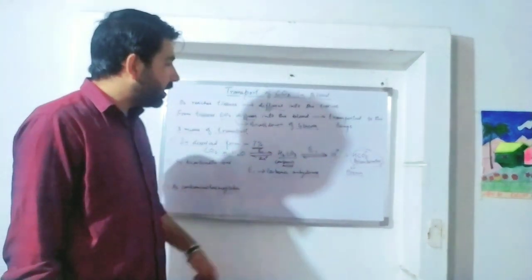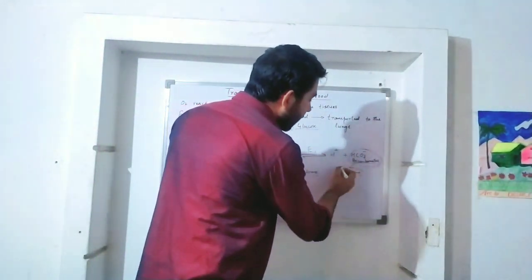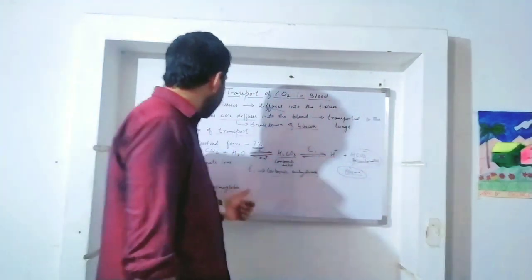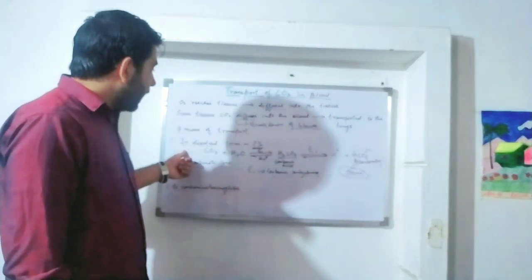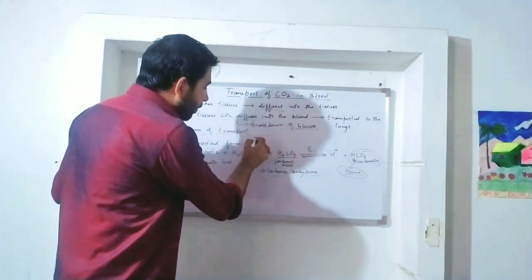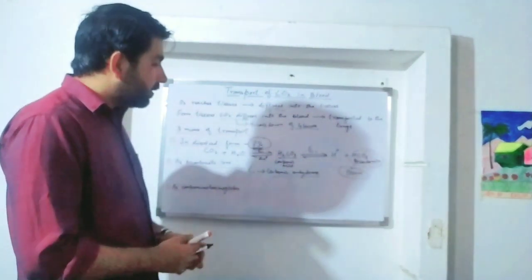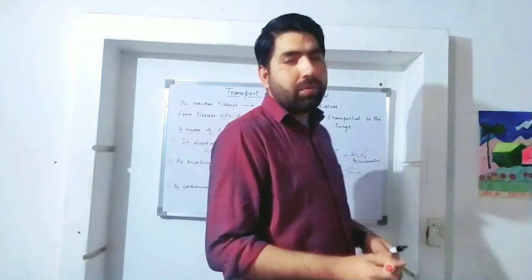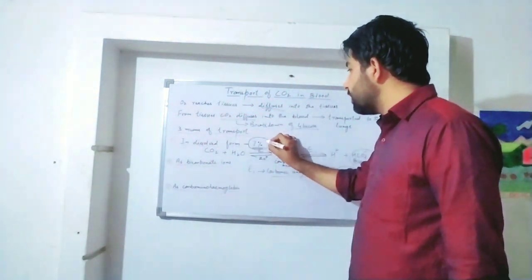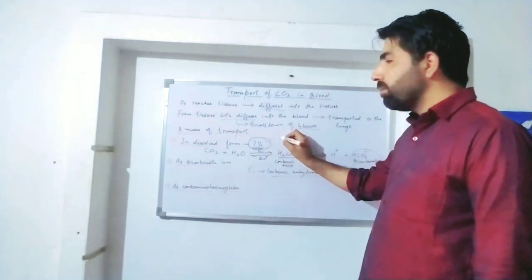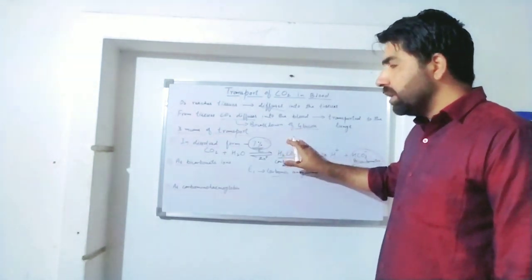Those bicarbonate ions remain in the plasma, and that is why it is considered the dissolved form. The point to remember here is that the amount of carbon dioxide transported in the dissolved form is only about 7%.